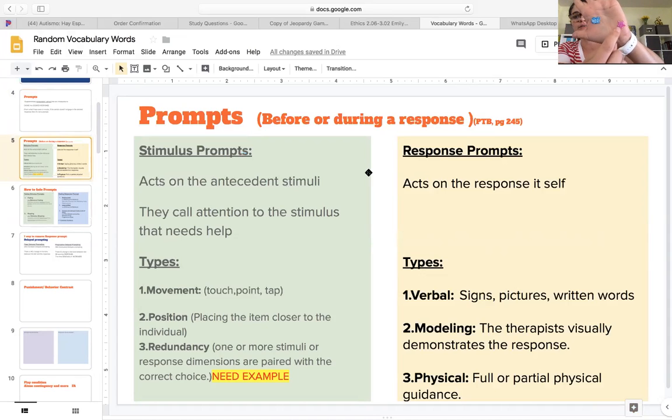I'm moving the stimulus. This one stayed where it was. I know the client's not going to get it based on the information I have from the past, so I immediately do a stimulus prompt. It's called positioning, or position. And then I'm able to match it because it's closer to the client.